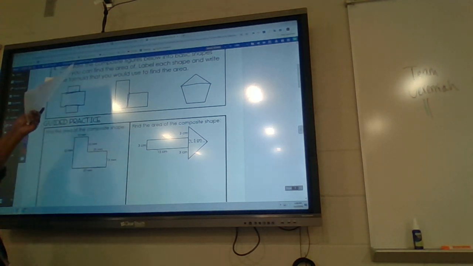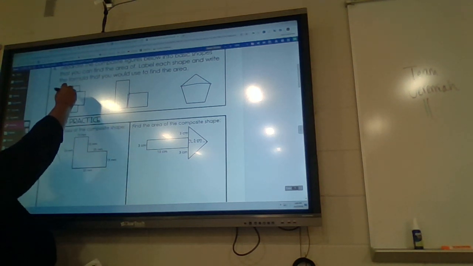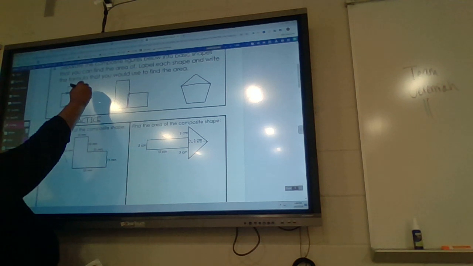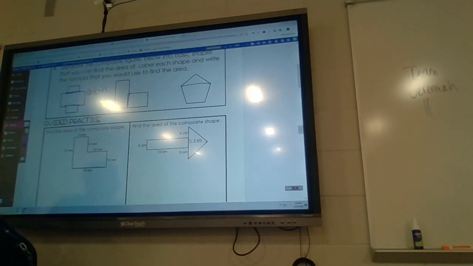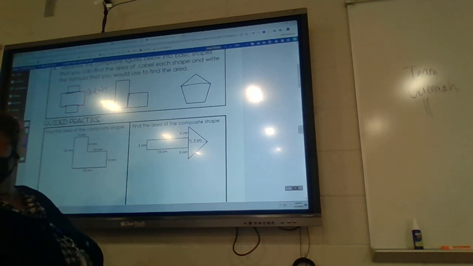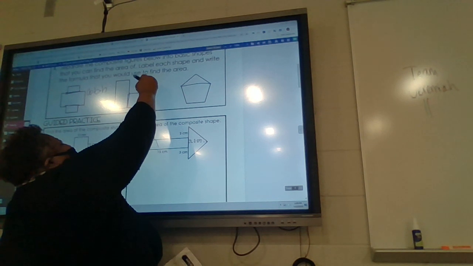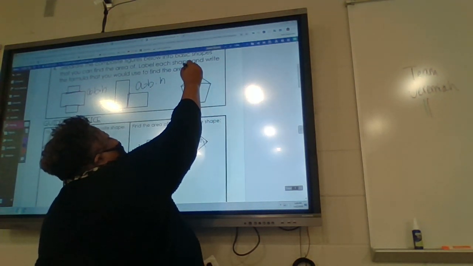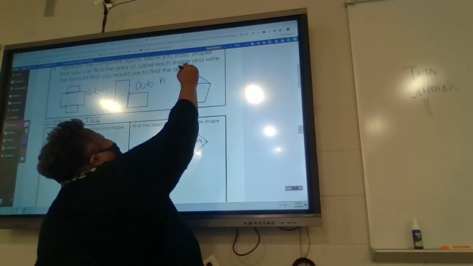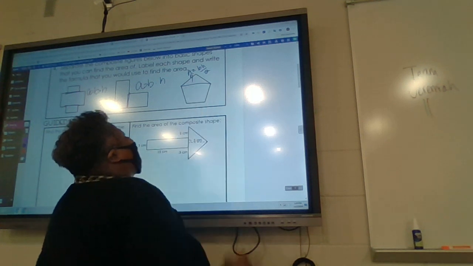So now that you've broken them up, let's write the formulas that we would use. All of these are rectangles, so I would just use area equals base times height, correct? Right here, same thing. Area equals base times height. For the triangle, I would use area equals base times height divided by 2.